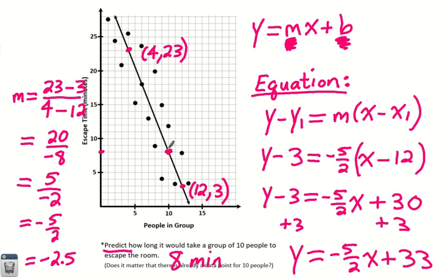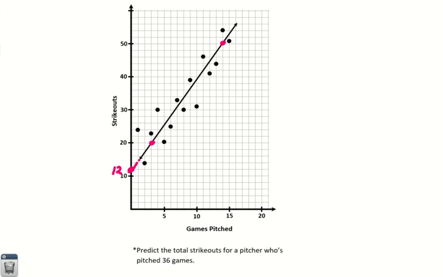So sometimes the prediction question is that easy, that you can just eyeball your line of best fit for 10 people in the group and go, well, it looks like 8 minutes. And that's how easy it can be sometimes, but we're going to see in a minute that it's not always that easy, and I'll show you what to do when we cross that bridge.